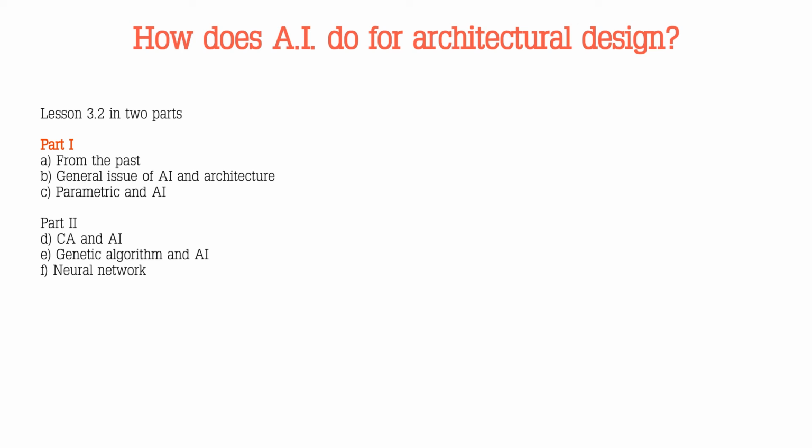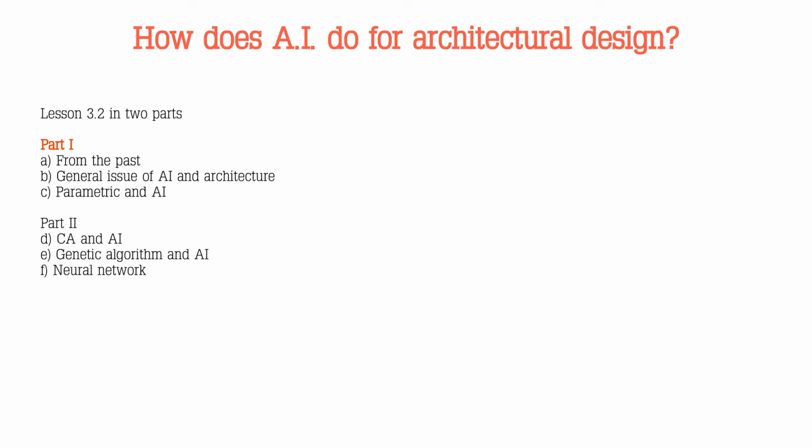In the second part, we are going to investigate something a little bit more complex, because we are going to find some parametric tools and processes which can help the architect to generate architecture in its own complexity.